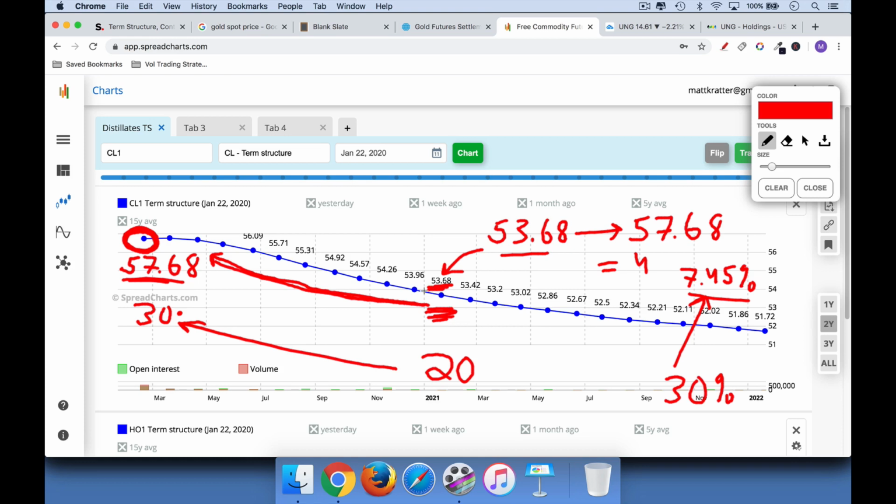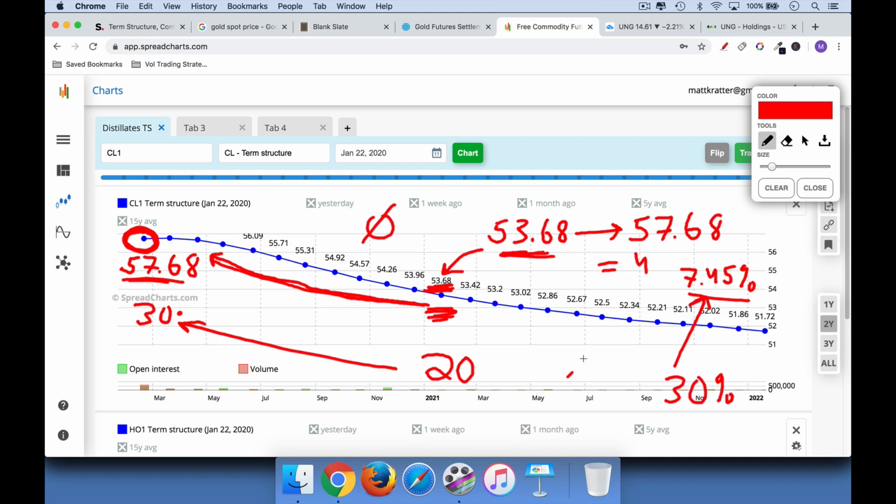In that case, when this contract comes due, when it gets close to expiration, it's going to be trading very close to 53.68, in which case the market's, quote unquote, prediction was correct. And so if you buy something at 53.68 and you sell at 53.68, you're not going to make any money on it. So in order to make money on the futures market, especially in a backwardation trade like this, your view needs to be correct, and it needs to be different from what's priced in.